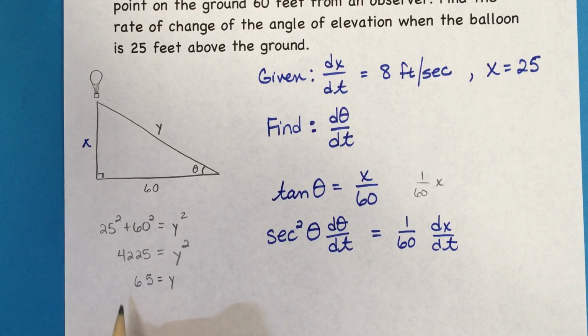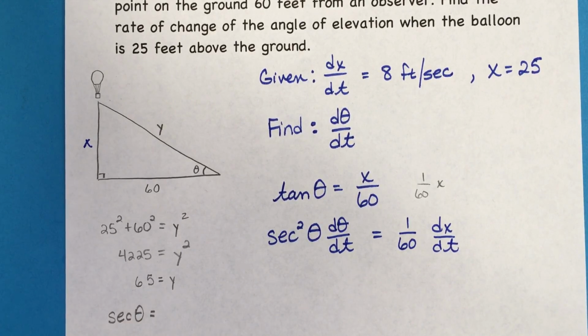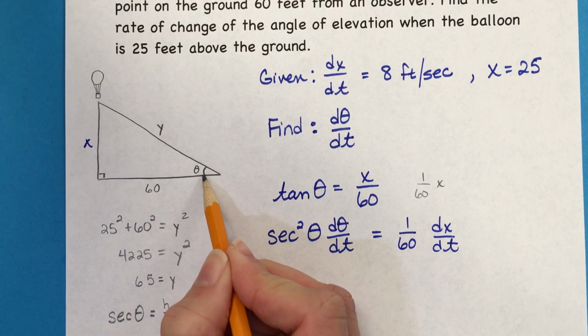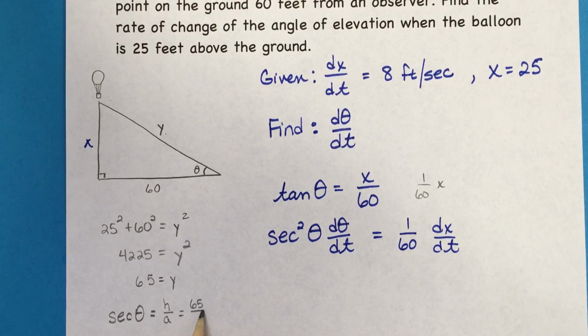Now, from this, let's come up with secant theta. If you remember, secant is going to be hypotenuse over adjacent, okay? So from this angle, the hypotenuse is what we just found, that's the 65, and the adjacent is the 60.